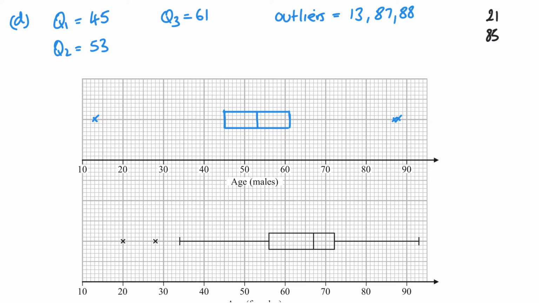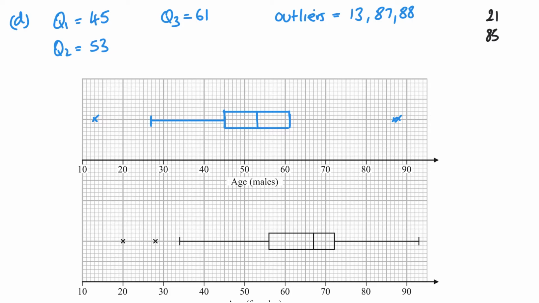So I'm just going to rub that out, because those are the limits, but I need to look back in my actual data to see what I should have had. So if I look at the lower end, my smallest value that isn't an outlier is 27. So what I actually want to do is draw this only as far as 27.